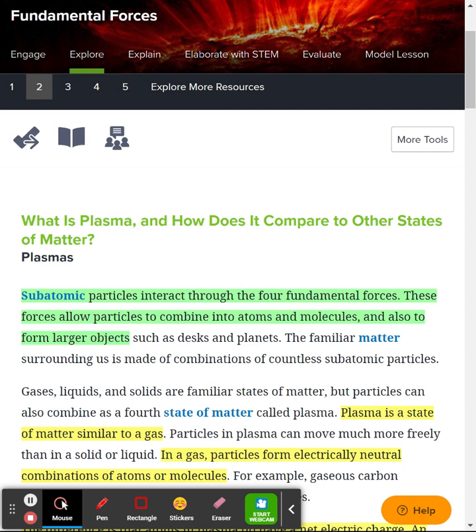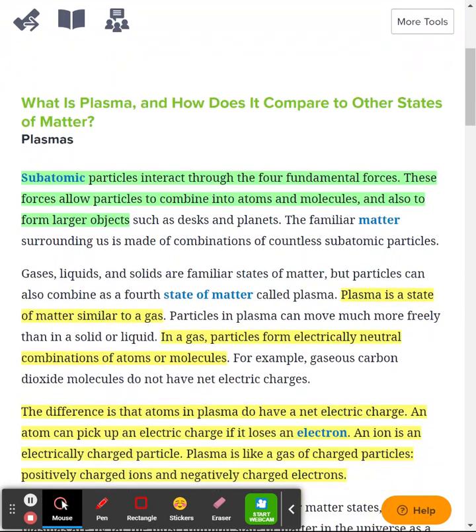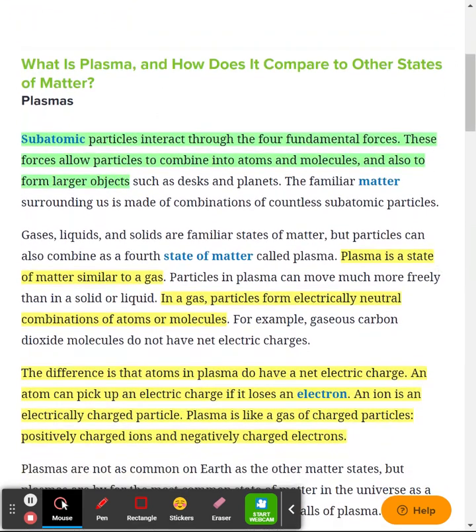Roman numeral 1, plasmas. And we're consulting the text for our information. In this first section titled Plasmas, the first paragraph talks about subatomic particles interacting through the four fundamental forces.